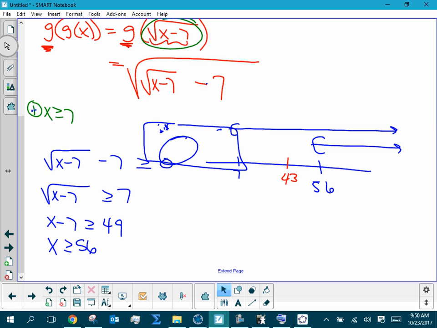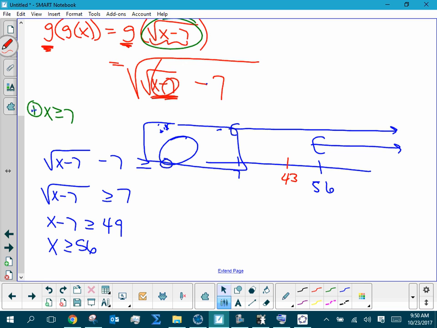If I'm allowed to use 43, plug that 43 in right here first. 43 minus 7 is 36. Square root of 36 is 6. So this thing here changes to 6. What's 6 minus 7? Negative 1. Can I take the square root of negative 1? No. So that's why 43 doesn't get involved in my final domain.